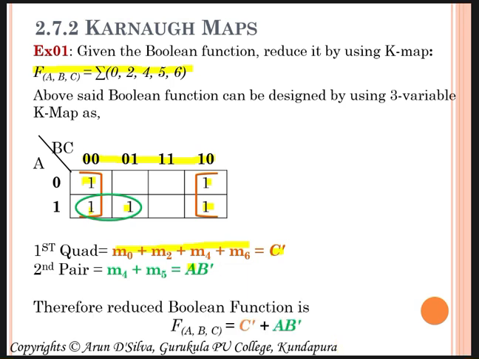The reduced Boolean function is C dash, the first term we took, plus AB dash. So therefore, f of ABC equals C dash plus AB dash, which is the reduced Boolean function for the given Boolean function. Moving forward, one more example.